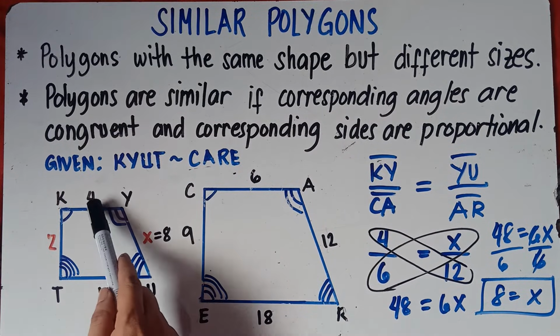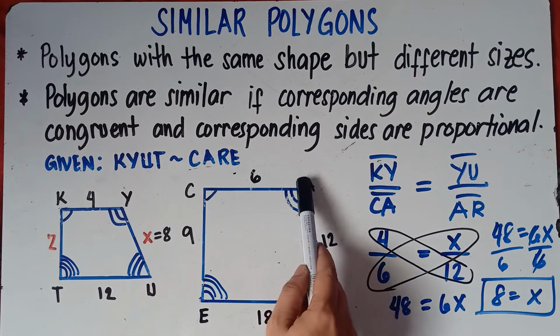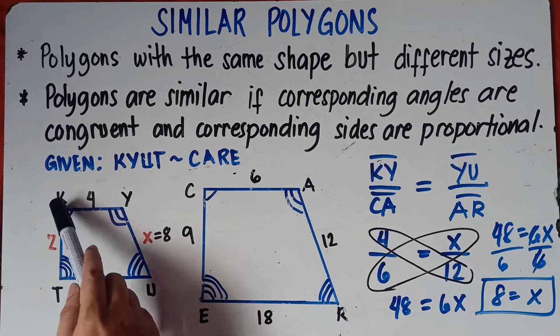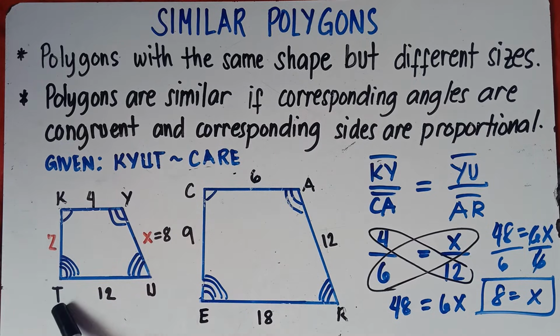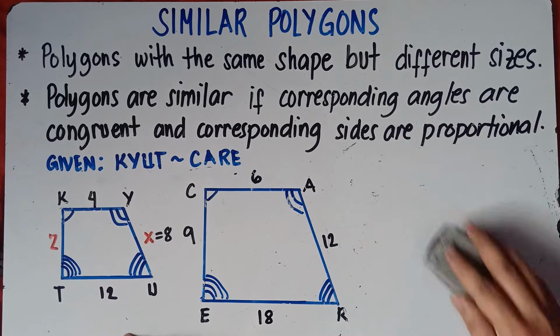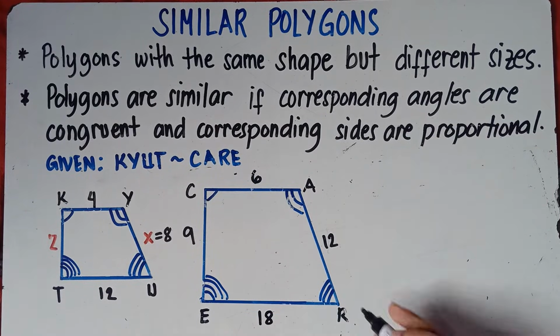You can use this length, KY over CA, then KT over CE, to find the value of z. Or you can use TU and then KT, ER, then CE. It depends on you, class, which do you prefer. Once again, it's up to you. You can make many proportions.